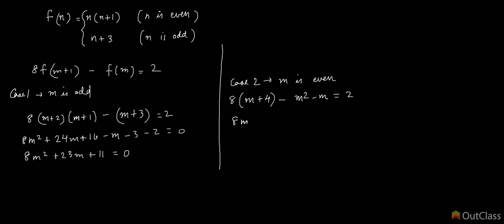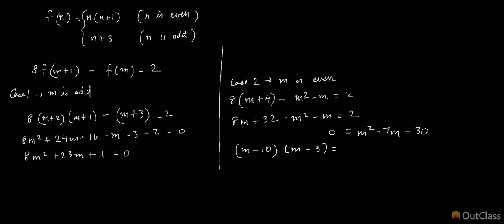That gives me 8m plus 32 minus m square minus m is equal to 2. Take that to the other side, it's going to be m square minus 7m minus 30 equal to 0. That gives me (m minus 10)(m plus 3) is equal to 0. m is equal to 10 or minus 3.